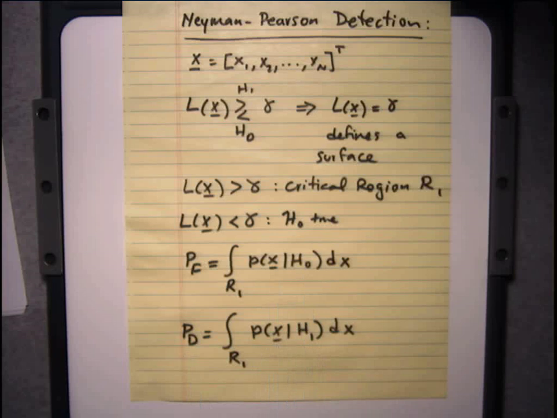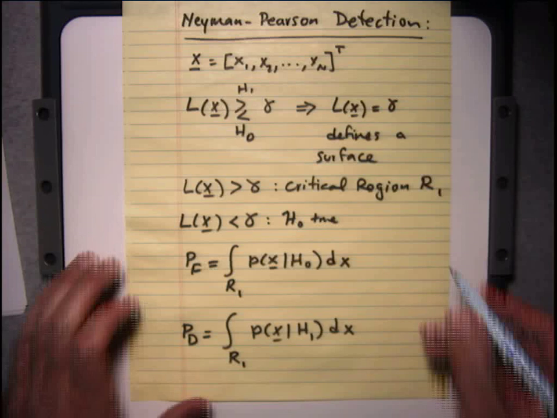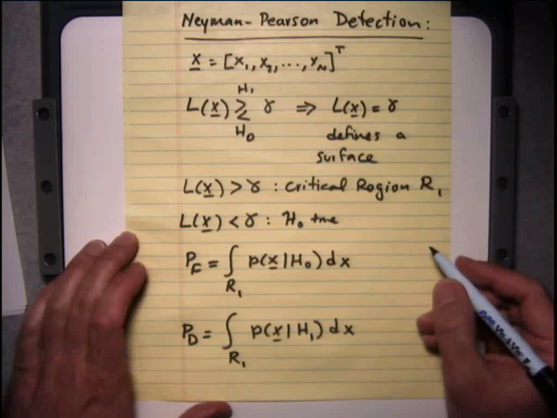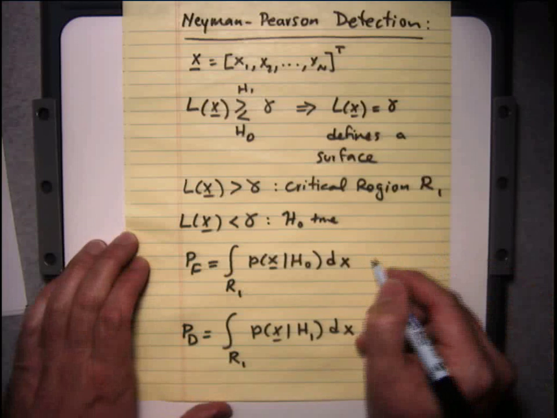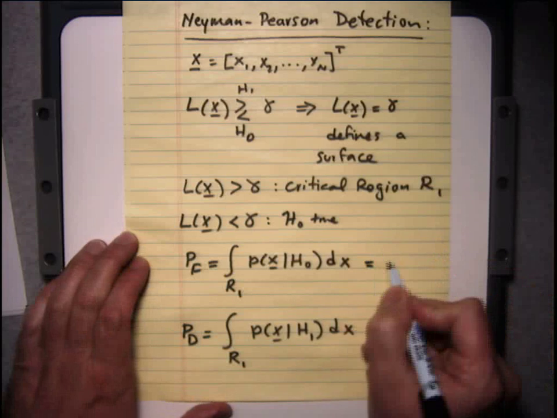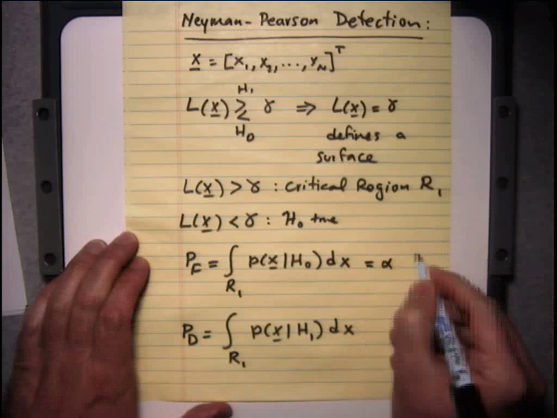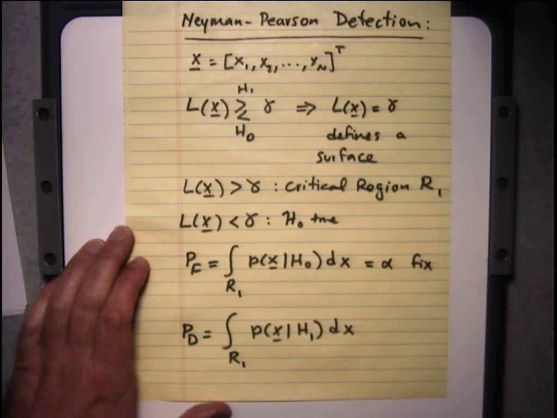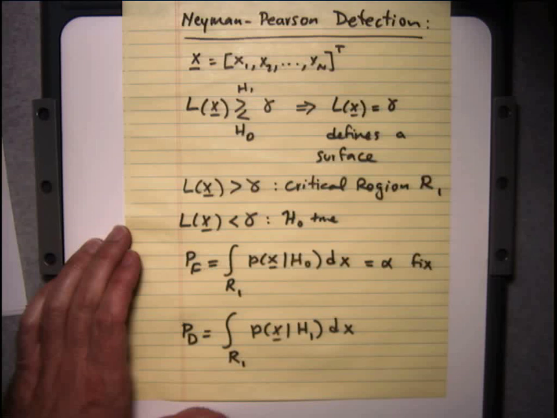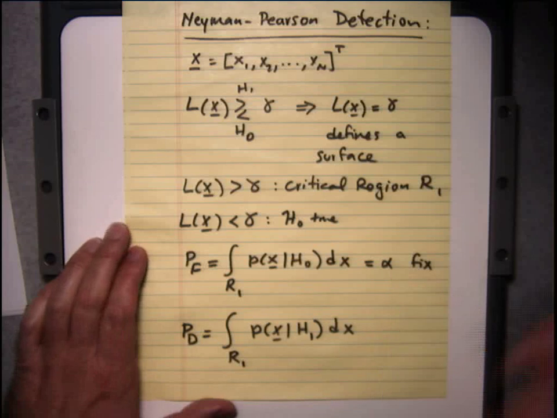Okay. So now the Neyman-Pearson framework is that we want to fix the probability of false alarm to some alpha. Like the example that I used last time, with the fire alarms, you don't want a false alarm more than, let's say, 3 times a year. So that's this alpha. You fix it. You're the manufacturer, you decide.